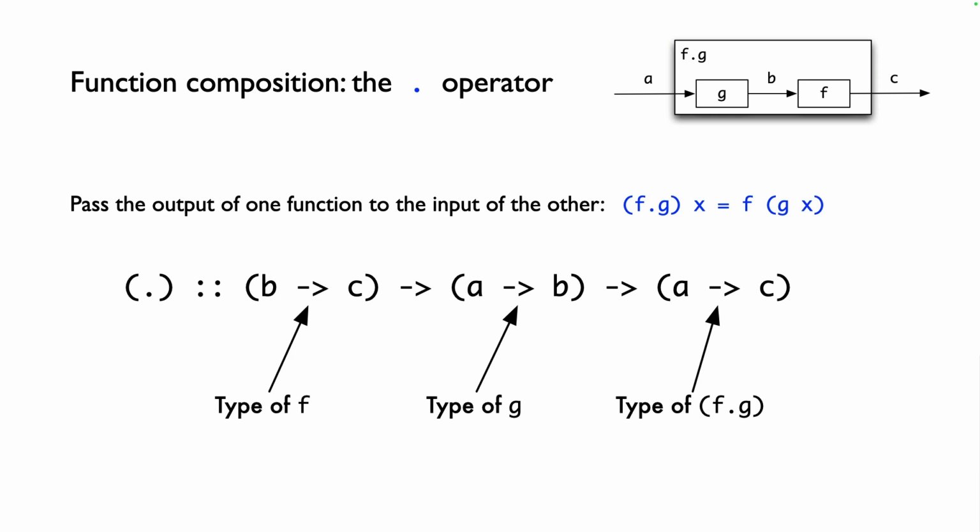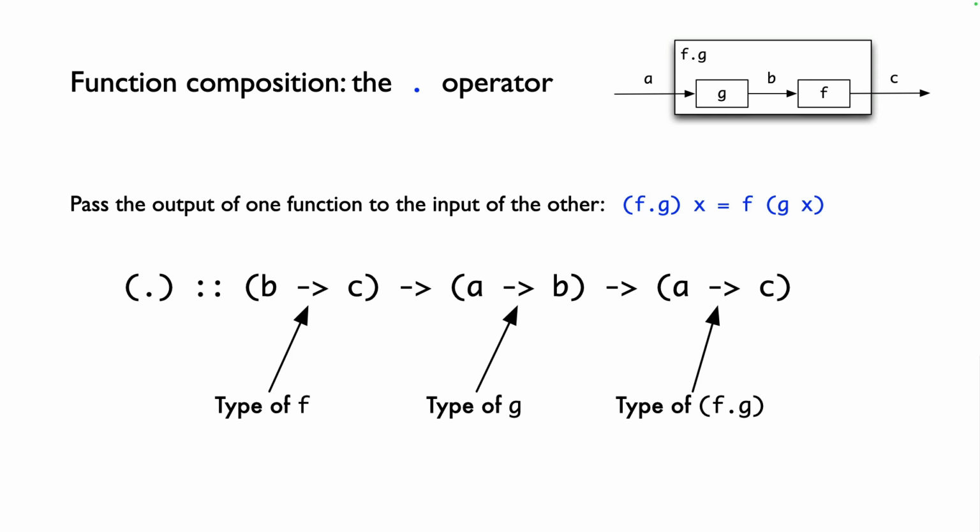So that goes from A to B. So the output type of g has to be the same as the input type of f. And the whole thing takes an A, which is the input of g, to a C, which is the output of f.